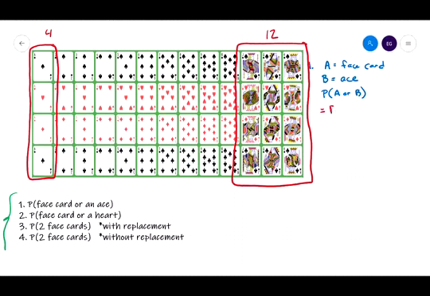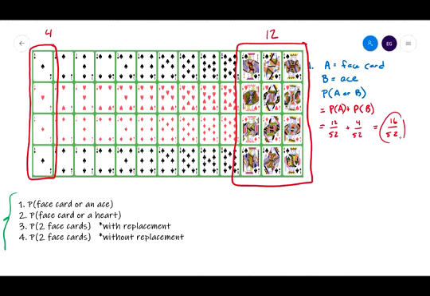So it is simply the probability of A plus the probability of B. There are 52 cards in the deck, and 12 face cards. So the probability of A is 12 out of 52, and the probability of B, an ace, is 4 out of 52, for a total of 16 out of 52. If this was a question you were being graded on, we would reduce that fraction or put it into a calculator and get a decimal.